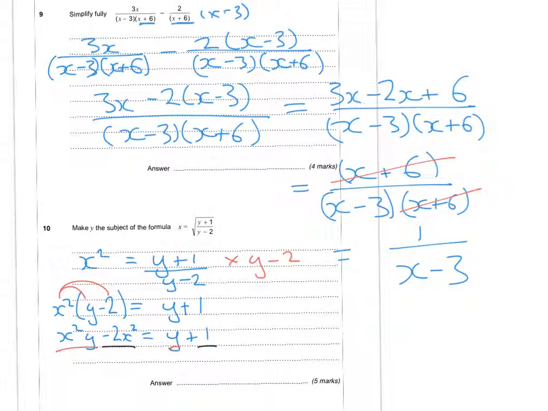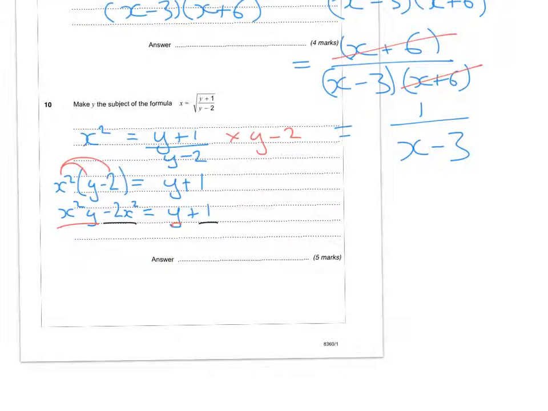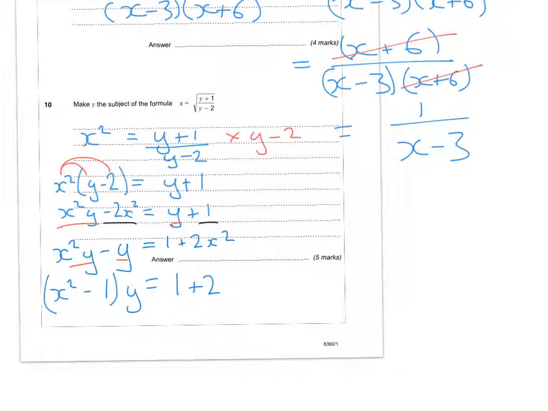So, make some space. x squared y minus y equals 1 plus 2x squared. y is a common factor here, so x squared minus 1, y is equal to 1 plus 2x squared, and then y is equal to 1 plus 2x squared over x squared minus 1.